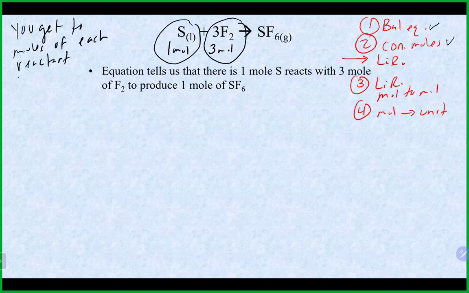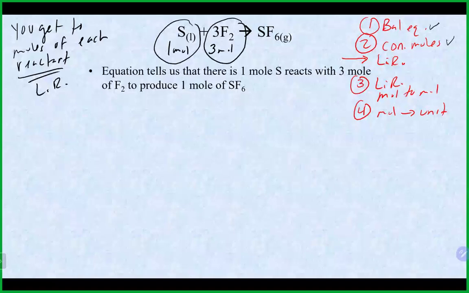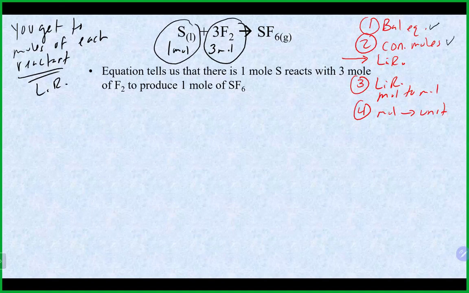And that is the key to know that that is a limiting reagent problem. If you think about the problems we did previously, we had just one piece of information, right? We knew how much of one reactant, or maybe we knew one product, but we just knew one piece of information. We weren't able to get the moles of each reactant. And that's how you know that you have a limiting reagent situation in that case. So in this case, we definitely have moles of each one, so we know we're there.